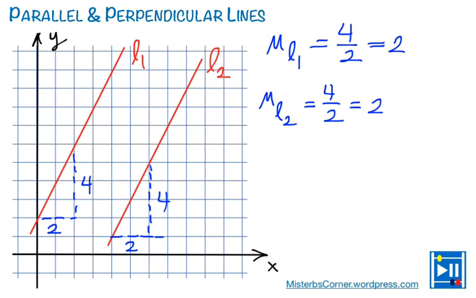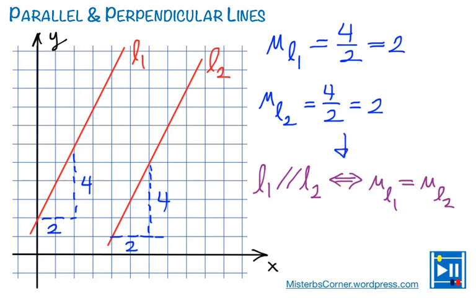Now, the rule is, if L1 is parallel to L2, then their gradients are the same, meaning the gradient of L1 is equal to the gradient of L2. Notice that I put an arrow in between showing two directions. This means you can read this sentence either from left to right or right to left.